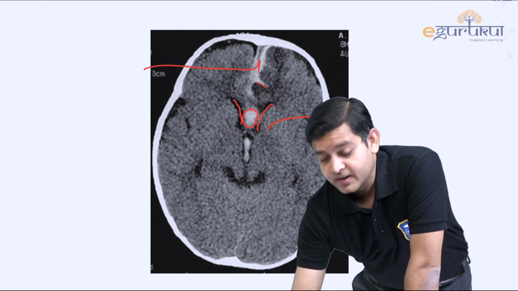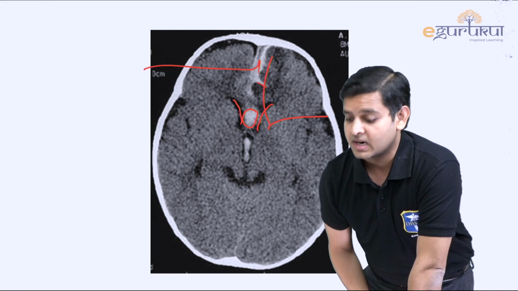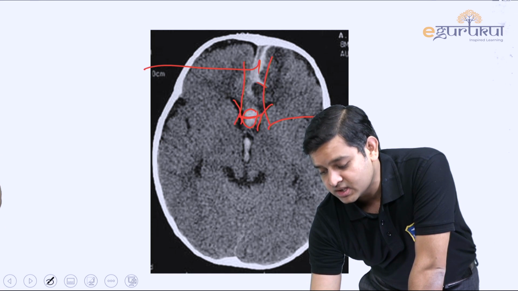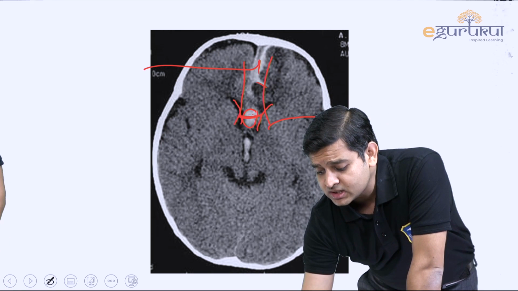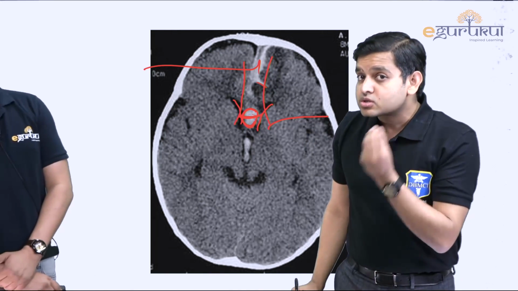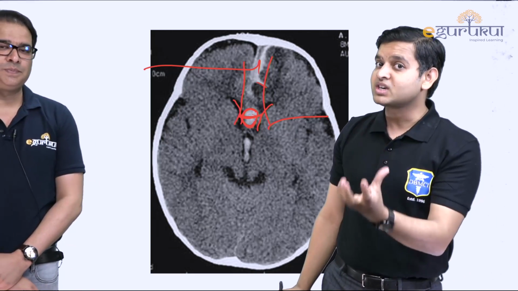One is going laterally, which is the middle cerebral artery, and one is going anteriorly, which is the anterior cerebral artery. The two anterior cerebral arteries are joined to each other in the midline by the anterior communicating artery. So the moment I see a bleed in the region of the septum pellucidum, the first vessel that should come to my mind as showing the aneurysm is the anterior communicating artery.